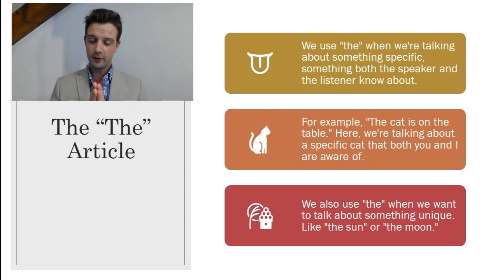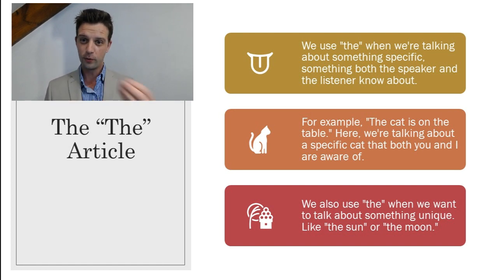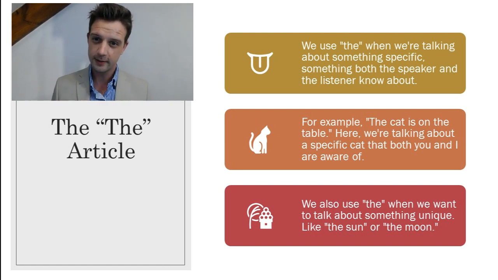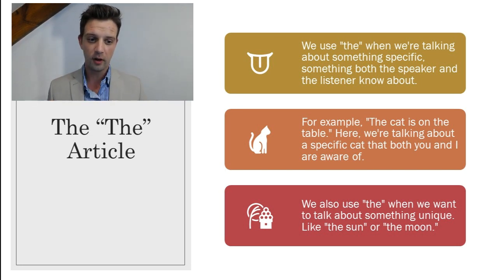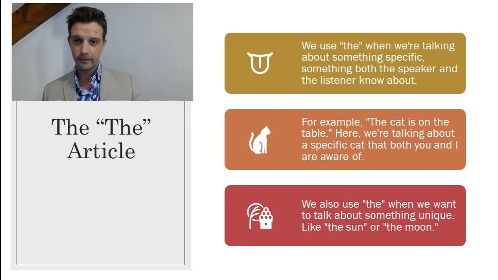Now let's move on to the article the. This is a definite article, and we use it when we're trying to specify something. This is when we're talking about something specific or something that the speaker and the listener already know about. So it's the second time we've spoken about it. If we go back to my first example, where I said, could I have a pen?